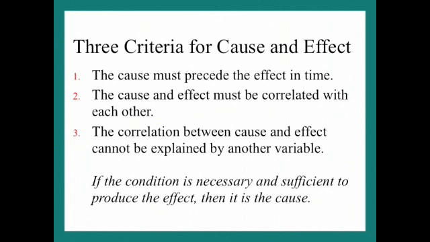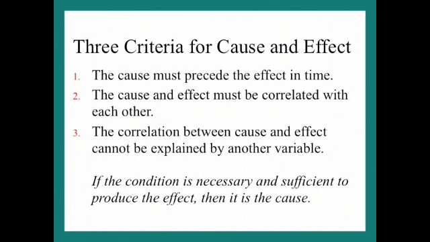But in order for us to determine cause and effect, we have to meet these three criteria that the book describes. The first one is the cause must precede the effect in time. So you can't have the effect happen before the cause. The textbook talks about track: we have everybody lined up to get ready to run, and they shoot the gun and everybody runs.